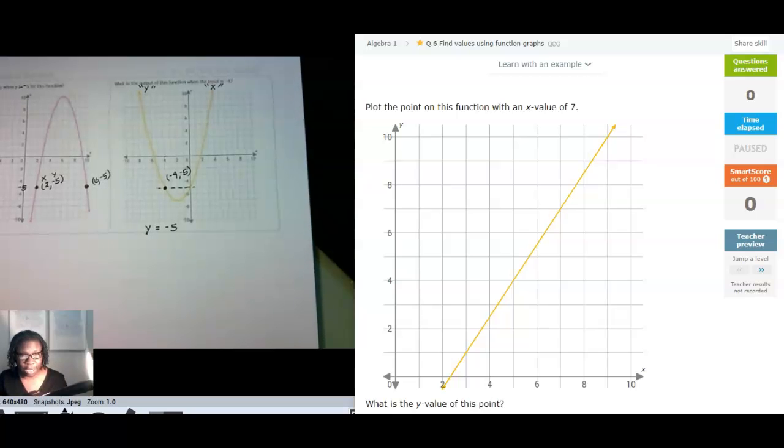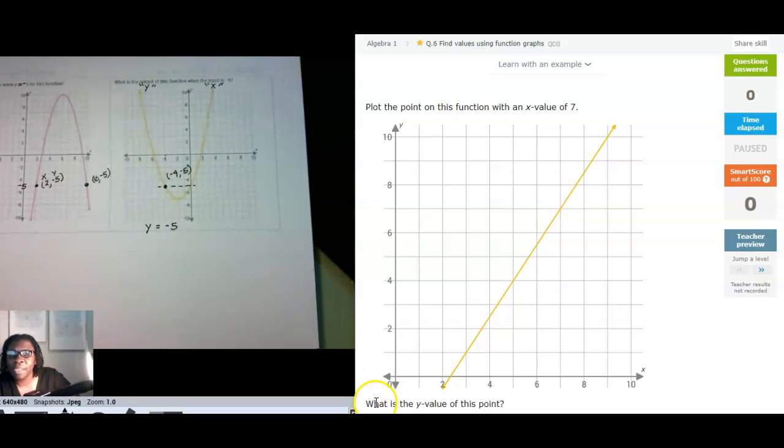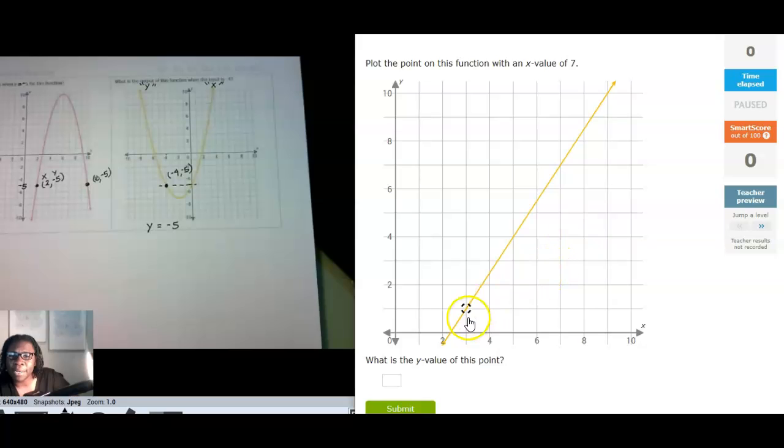I just wanted to take some time and do it on paper with you before I actually jumped over here to IXL. But let's go ahead and do that now. It says plot the point on this function with the x value of 7. So remember, x is here on the horizontal axis, so we're going to find 7.